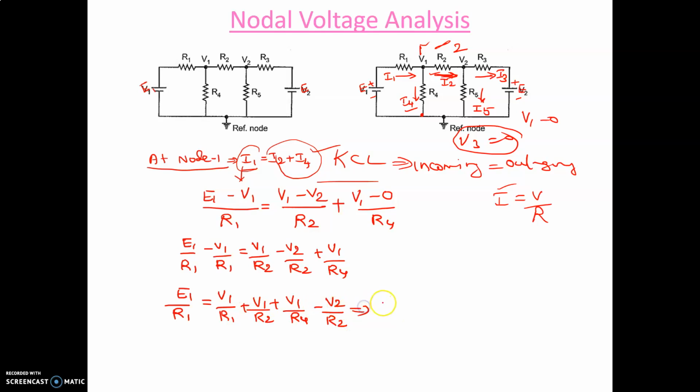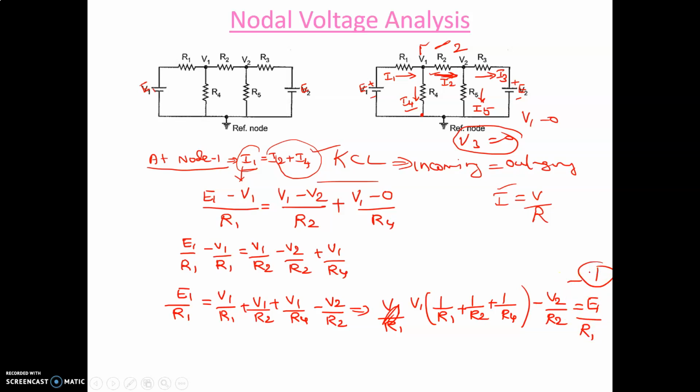That is V1 times (1 by R1 plus 1 by R2 plus 1 by R4) minus V2 by R2, which is equal to E1 by R1. Take this as the first equation.